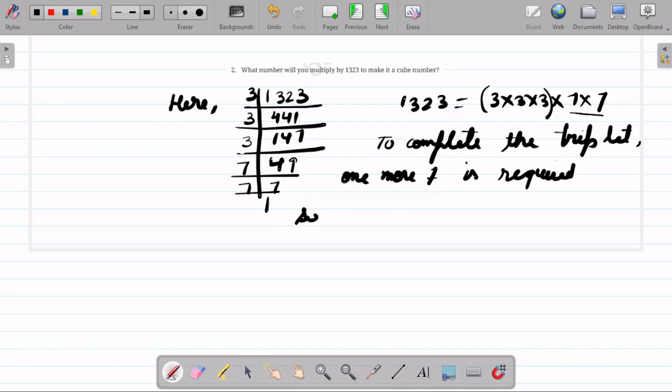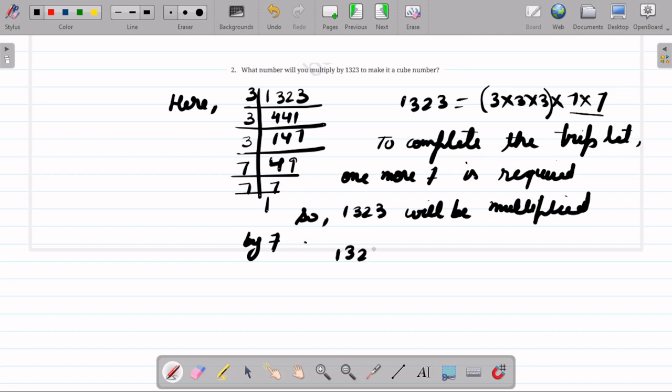So 1323 will be multiplied by 7. We'll get 1323 into 7, that is 9261. 9261 is a cube number.